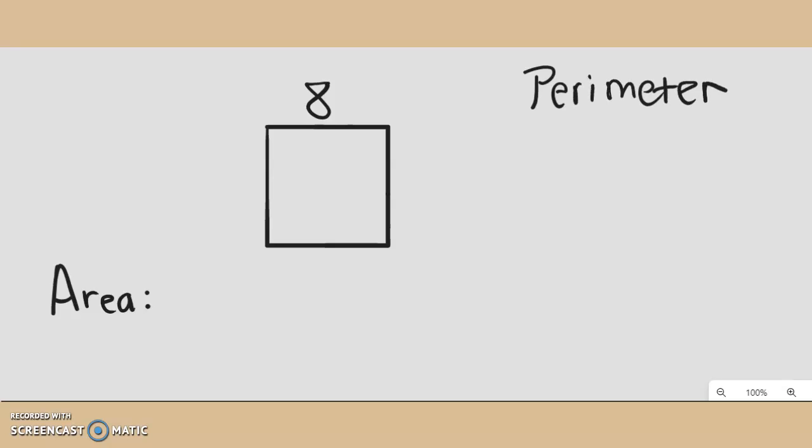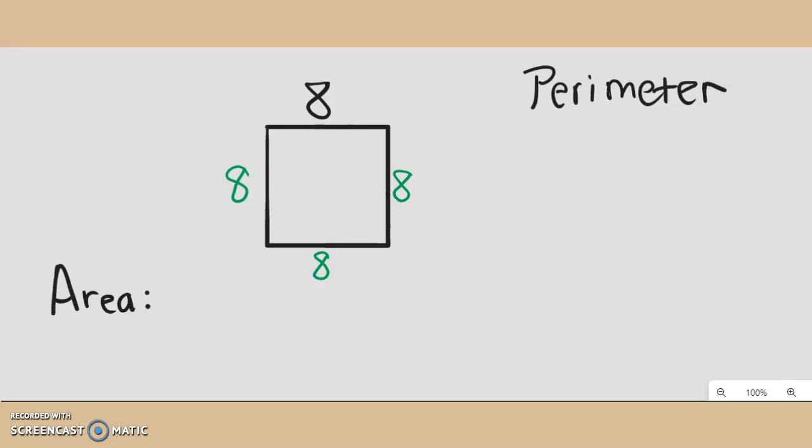What I've noticed is you guys are not using your equations here, and I'm going to write the equations in a different color. First of all, we have to label all of our sides. We know that because it's a square, this side is going to be 8, this side is going to be 8, and this side is going to be 8. So 8, 8, 8, all the way around this lovely little square.